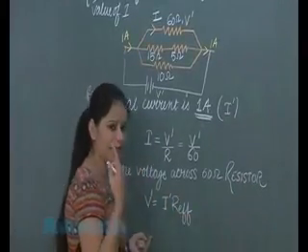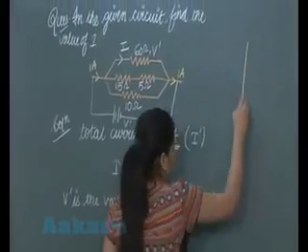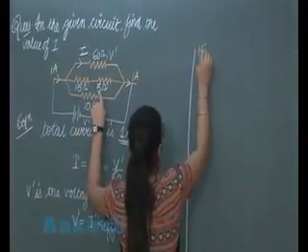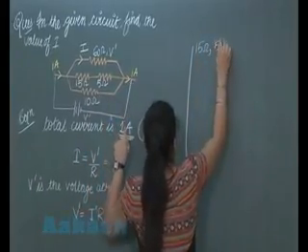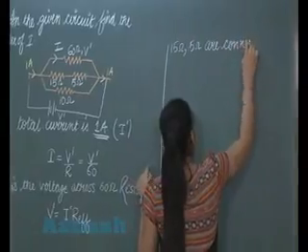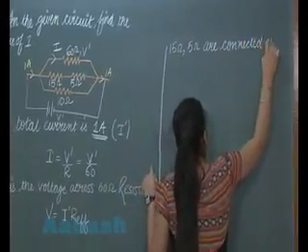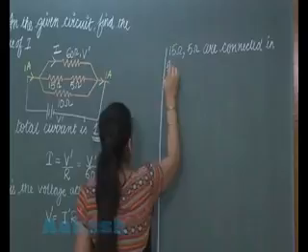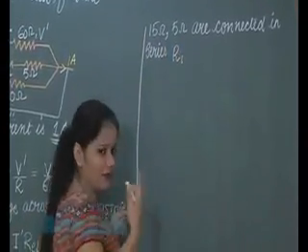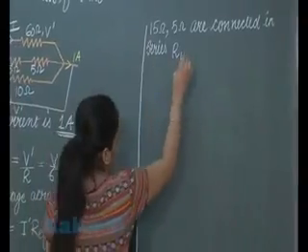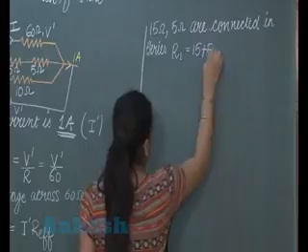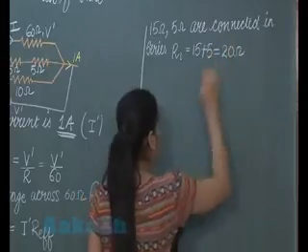So student, first let's find out the effective resistance. Student, see, these two resistors, that is 15 ohm and 5 ohm, are connected in series. So let the equivalent resistance of these two be R1. So R1 is 15 plus 5, that is 20 ohm.